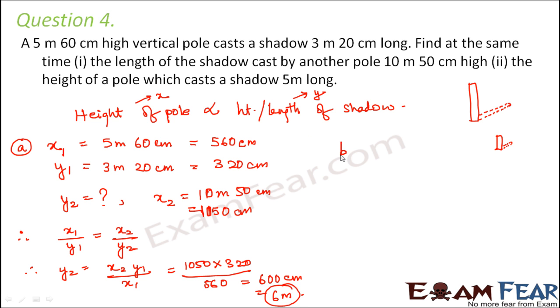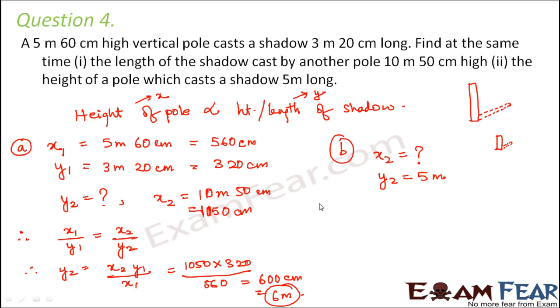Now let us look at the second part. It says the height of the pole which casts a shadow of 5 meters long. So in this case x2 is not known and y2 is given as 5 meters.